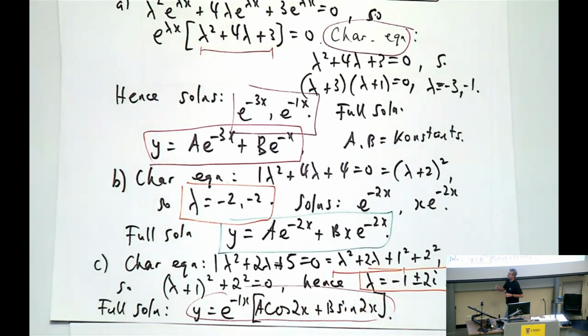This is the most difficult case, complex roots or complex lambda. That's one way to write it, and you can justify it using Euler's formula. But it's tricky. I don't really want to do it here, but that's the hardest one.